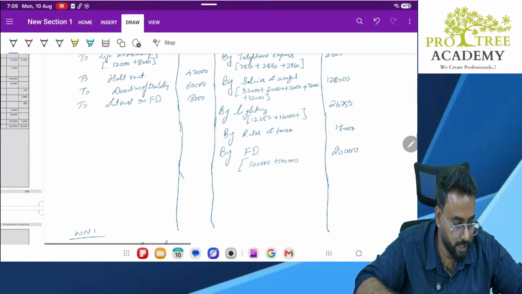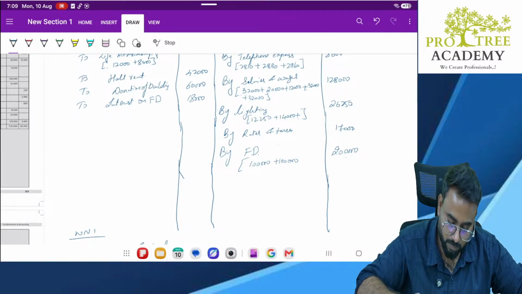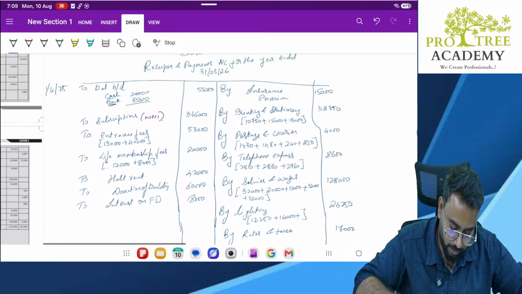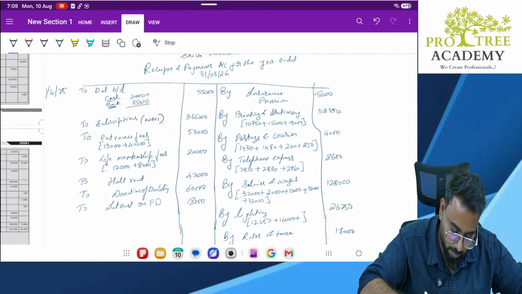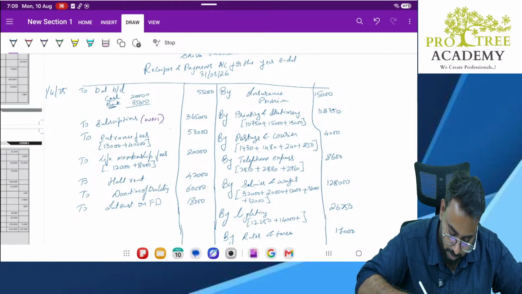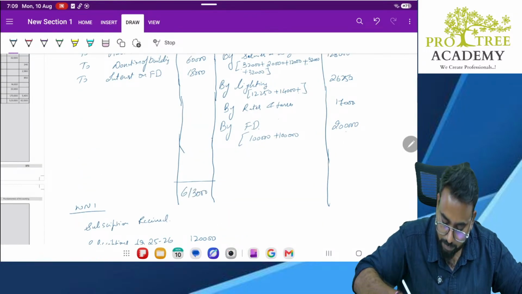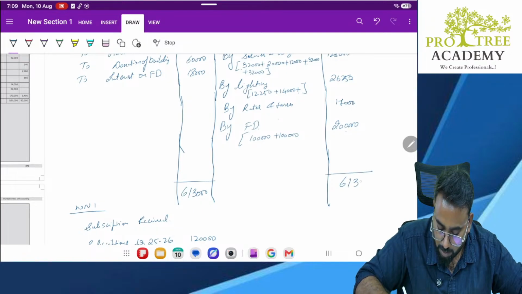Can you please calculate the totals? 55,000 plus 3,65,000 plus 53 plus 20 plus 42 plus 60 plus 18. Total should give you 6,13,000. Here also it should be 6,13,000.